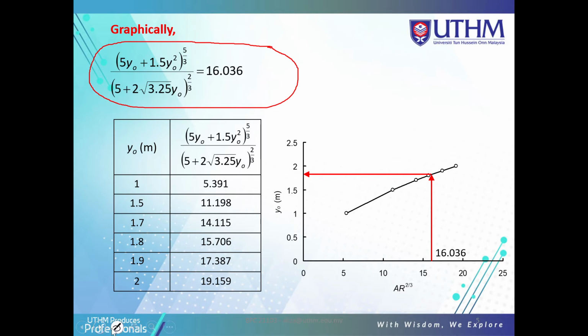Then you use this value, 16.036, and draw one line on the graph until it stops at the curve, and you get the lines to the x and y axes.